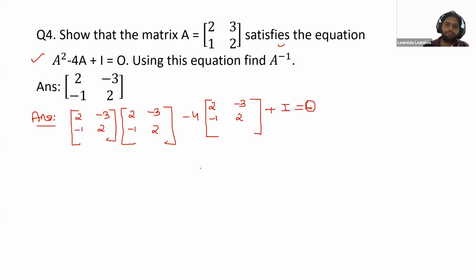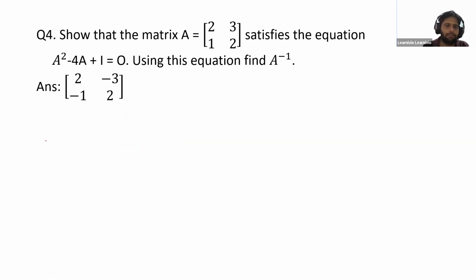Okay. Now, first row and first column. I'm sorry. A square.